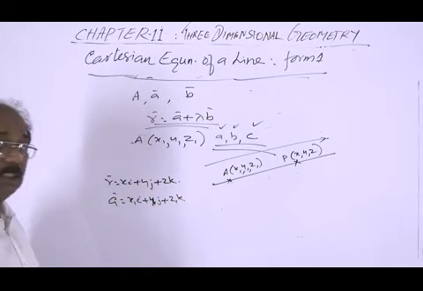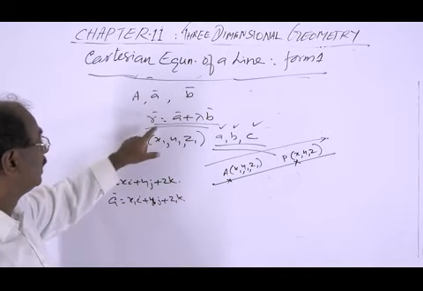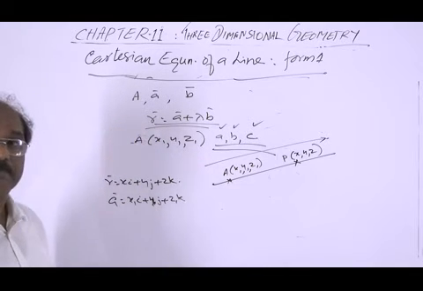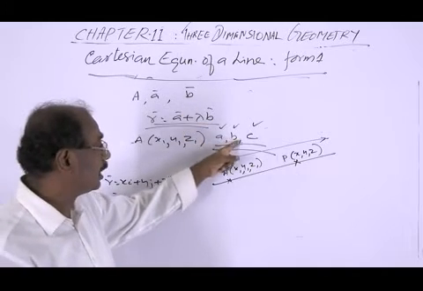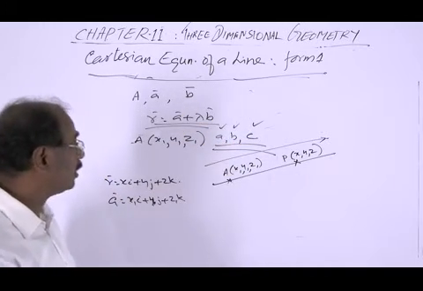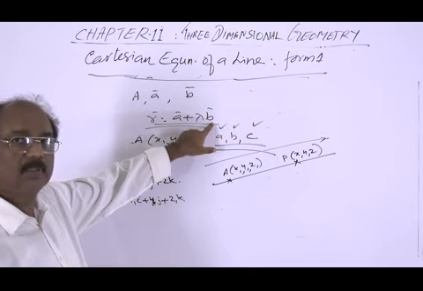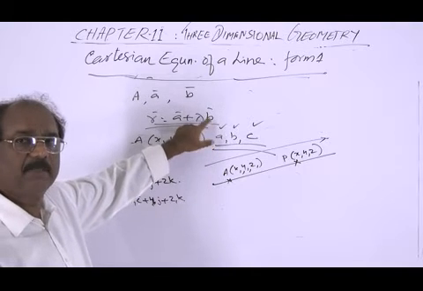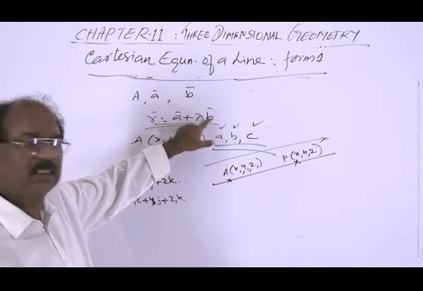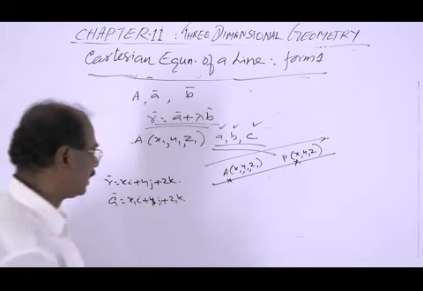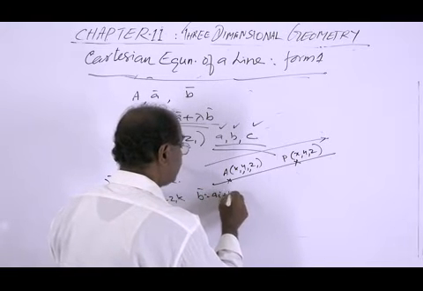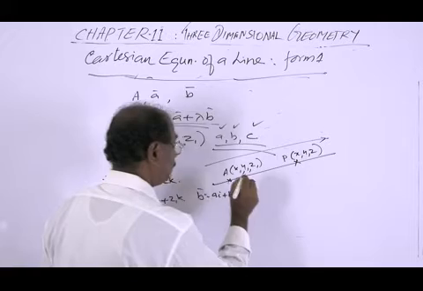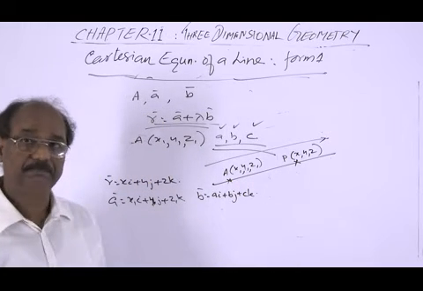Here b has direction ratios a, b and c, and therefore the vector b can be taken as ai plus bj plus ck.